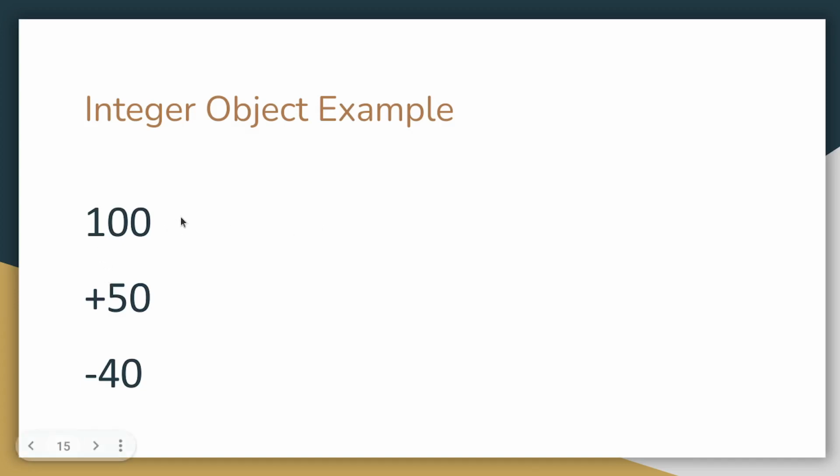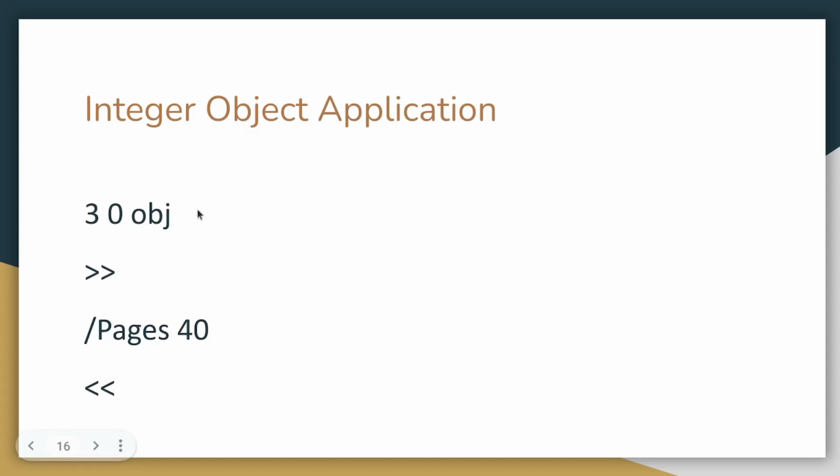The next point is the integer object application, meaning where we can apply the integer object type. We can apply it to indicate the number of pages in a PDF. For example, here we have mentioned that the total pages is 40.